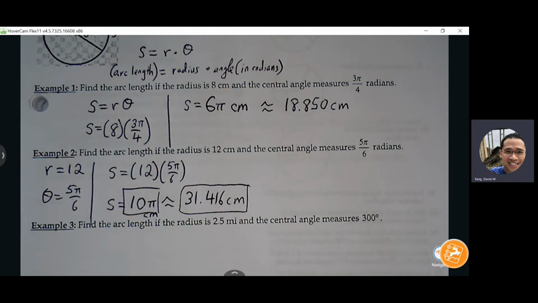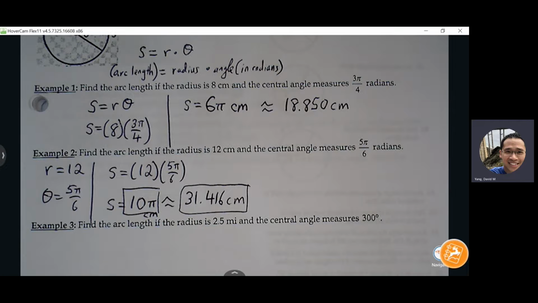So 10 pi centimeters will be the exact value. But sometimes the decimal is helpful to give us some perspective, right? Because 10 pi kind of feels like we don't know what that really means. So around 30. That squiggly line indicates it's an approximation, not exact, but they're both centimeters, because these are measurements that we can put up against a ruler.